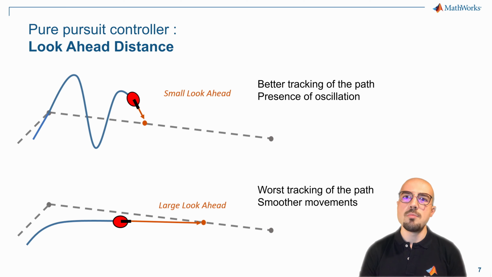So if the waypoint is a point that we must pass through, this is not the solution, correct? It's better to have a smaller look ahead. If we want a smooth movement, so we want to go from a point A to a point B, keeping in mind that the robot has to move as linearly as possible, a bigger circumference will be the right choice.